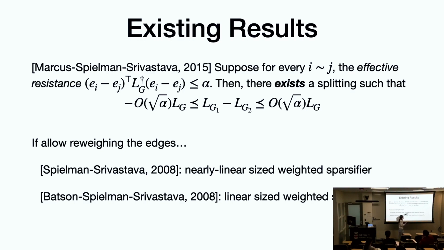And then you do the same splitting, and you get, let's say, G11, G12. You get the difference between the Laplacians of G11 and G12 upper bounded by root alpha prime times LG1, and root alpha prime is close to root alpha. Okay, so it's not too large.